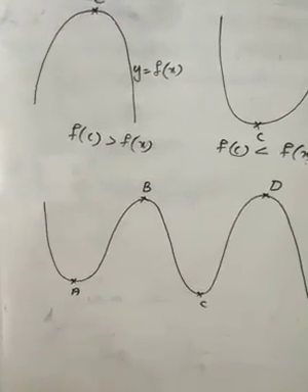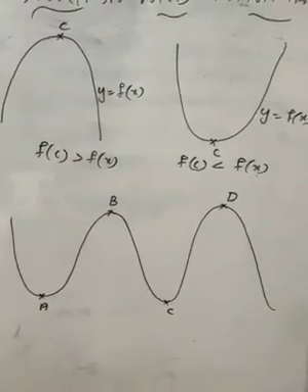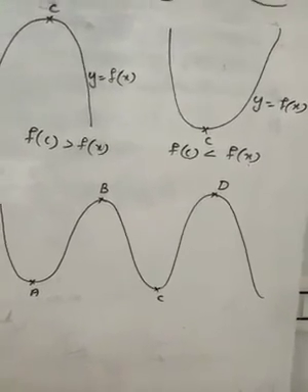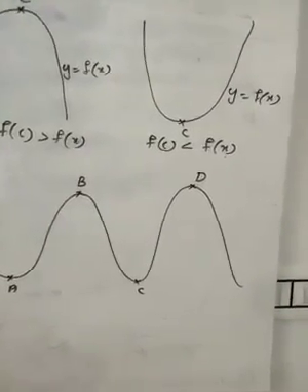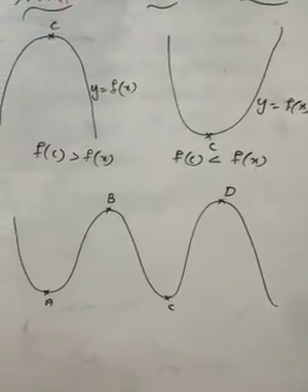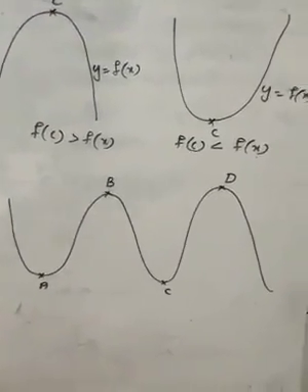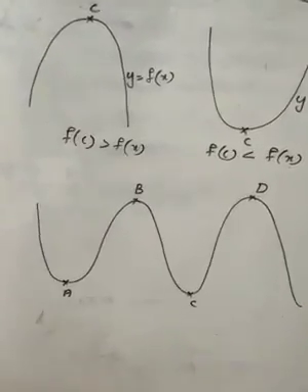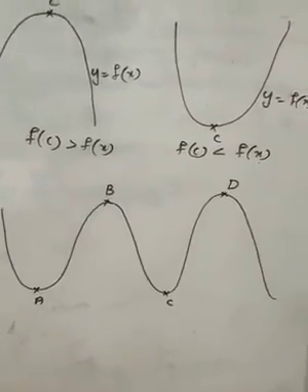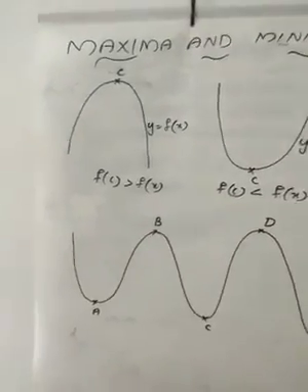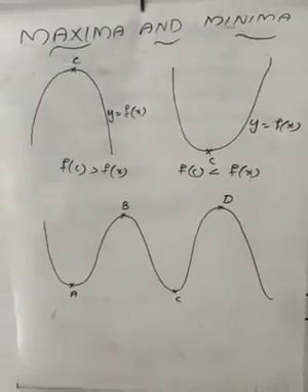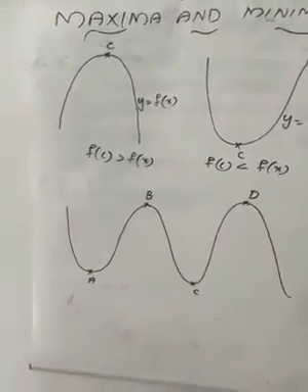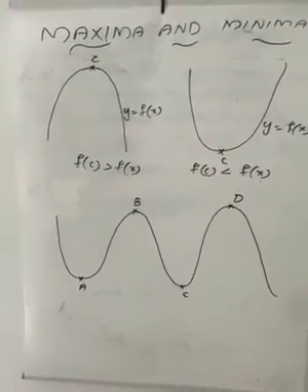In the second order derivative test, the condition is: if the second order derivative is greater than 0, that means it is positive, the function attains its minimum value. Note the condition: if the second order derivative is positive, there exists a point of minimum, not maximum.